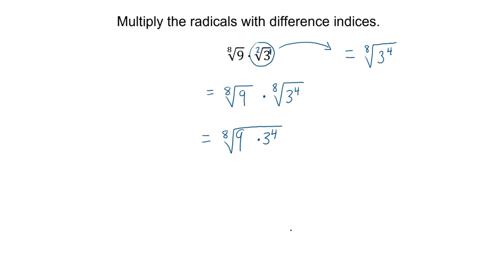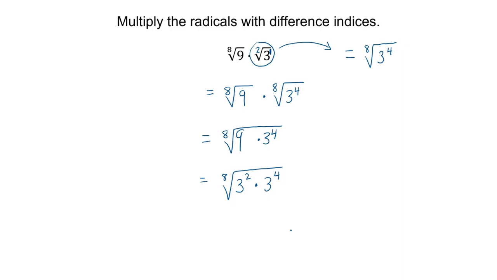Anytime we're working with radicals, and we can rewrite one expression using the same base as another one, we want to do that. Here's what I mean. I'm going to rewrite this 8th root of 9 times 3 to the fourth as the 8th root of 3 squared. Why? Because 9 is 3 squared. And that's still times 3 to the fourth.